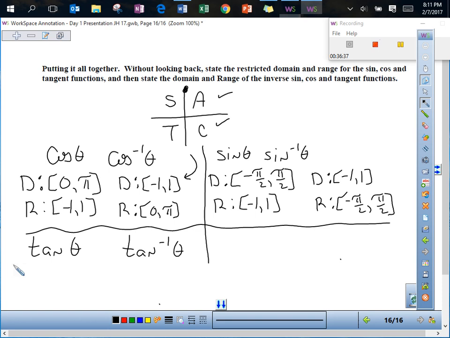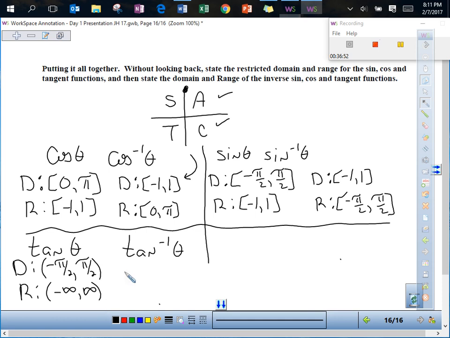So the domain is parenthesis, be careful, I messed that up earlier, negative pi halves to pi halves. My range is going to be negative infinity to infinity. When we flip that around, my domain becomes negative infinity to infinity. My range becomes negative pi halves to pi halves. The values my calculator will give me.